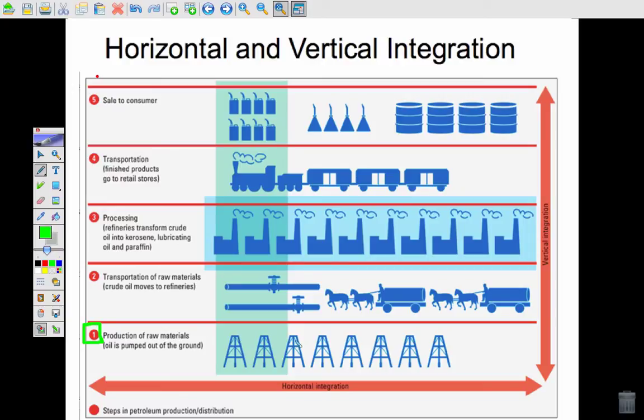Step one of vertical integration is the production of the raw material. For example, in our graph, we're going to use oil. Oil is pumped out of the ground by the oil derrick, which is seen here.